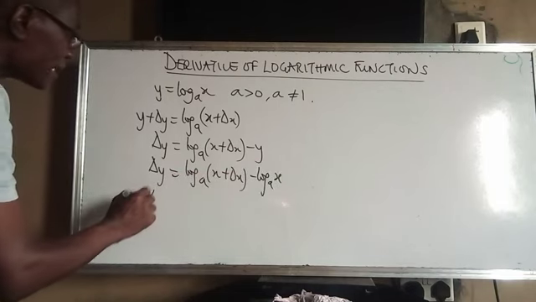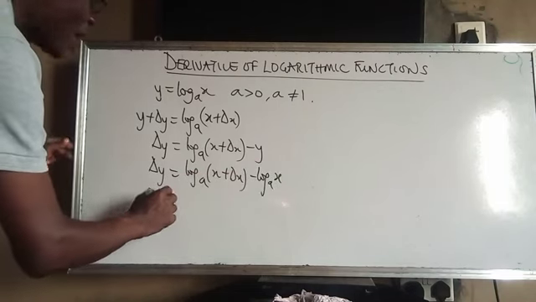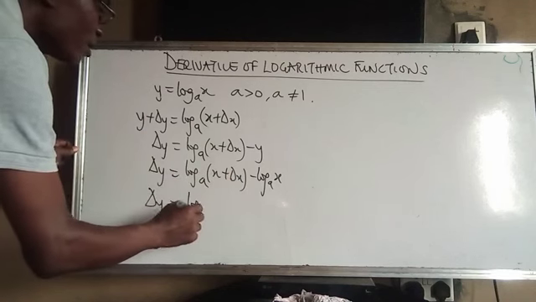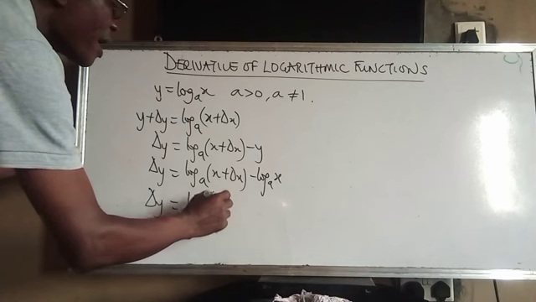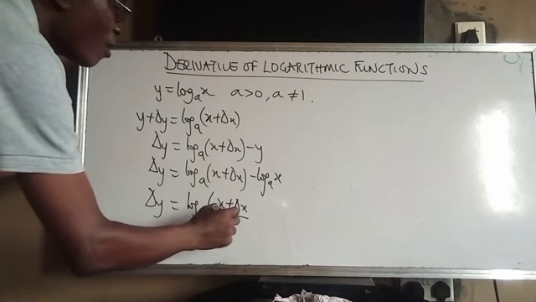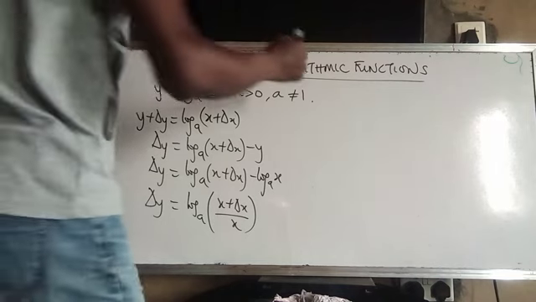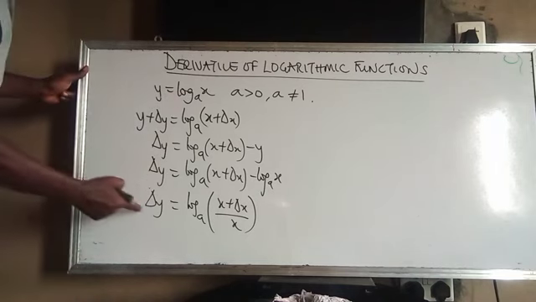So this one can be written as: change in y equals, the log base is common, so we can say log base a of x plus change in x, all over x. This is from our knowledge of logarithm that we have learned previously. Now we can divide both sides by change in x.